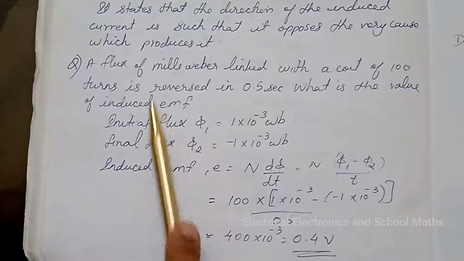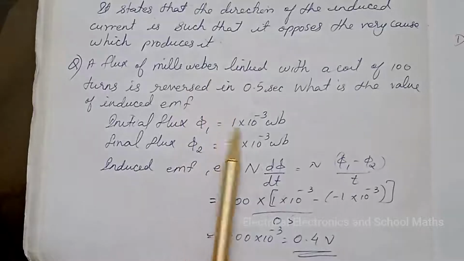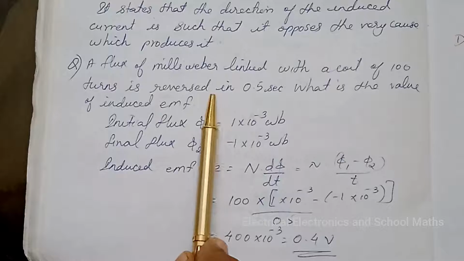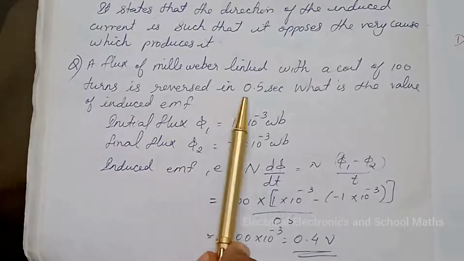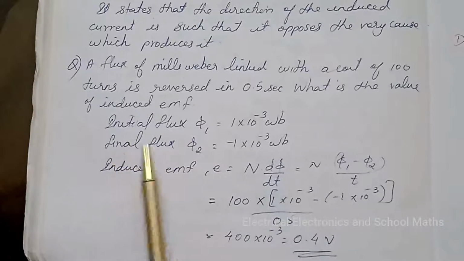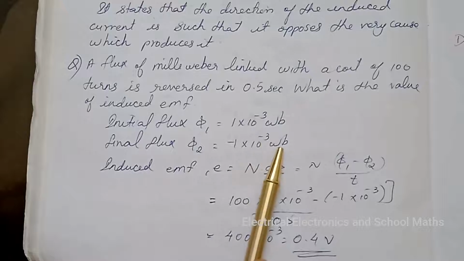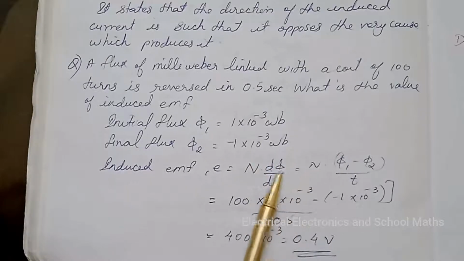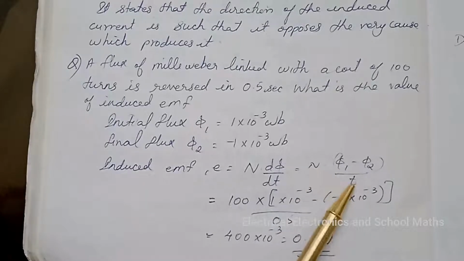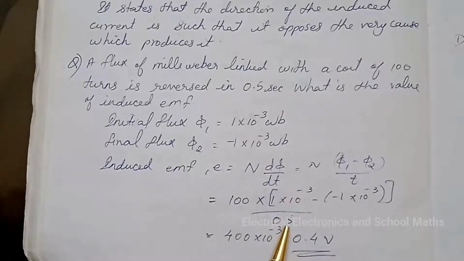For that we have initial flux Phi1 equal to 1 milliweber, that is 1 into 10 raised to minus 3 Weber. And we know it is reversed in 0.5 second, that is, we have the final flux Phi2 equal to minus 1 into 10 raised to minus 3 Weber. So substitute these values, that is N into Phi1 minus Phi2 divided by t. t is given as 0.5 second.